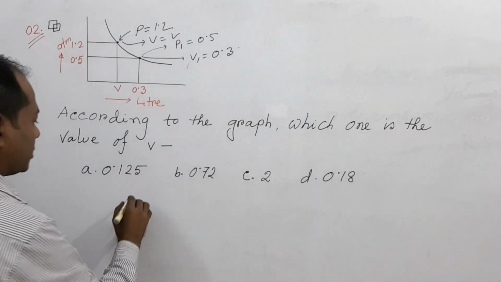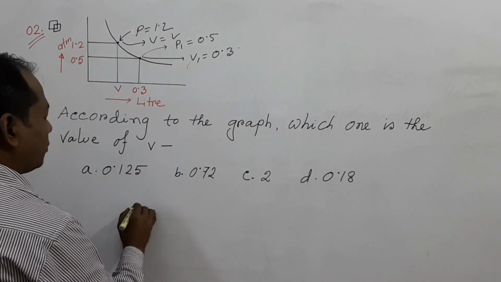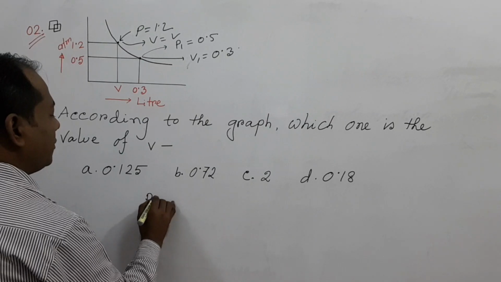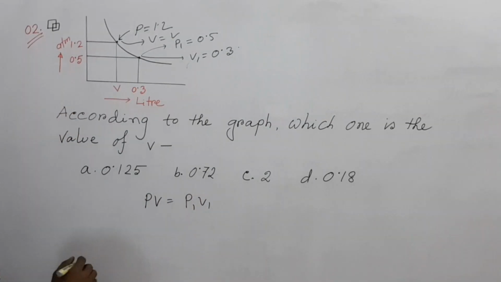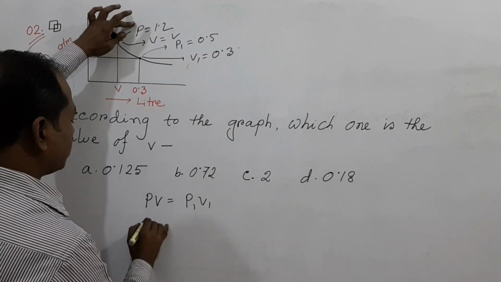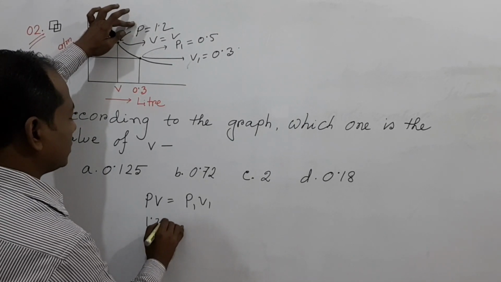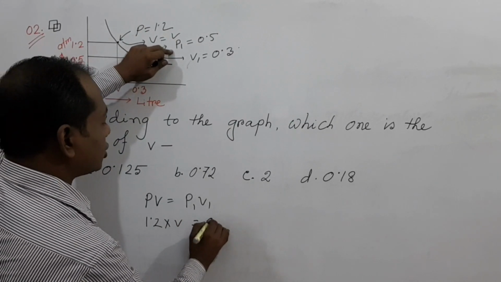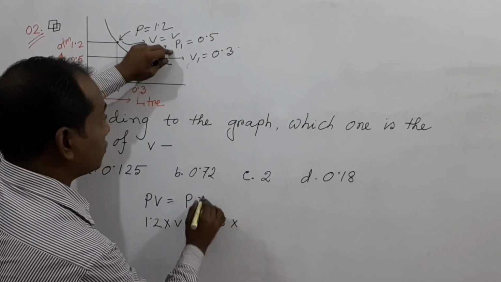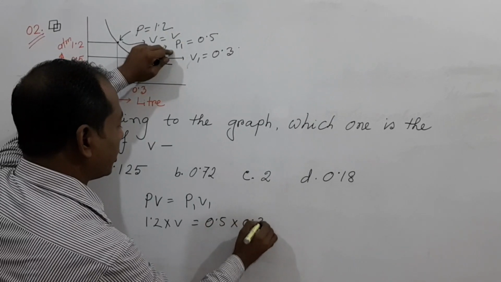And my dear students, we know that according to Boyle's law, PV equals P1 V1. So, the value of P equals 1.2 times V equals P1 equals 0.5 times V1 equals 0.3.